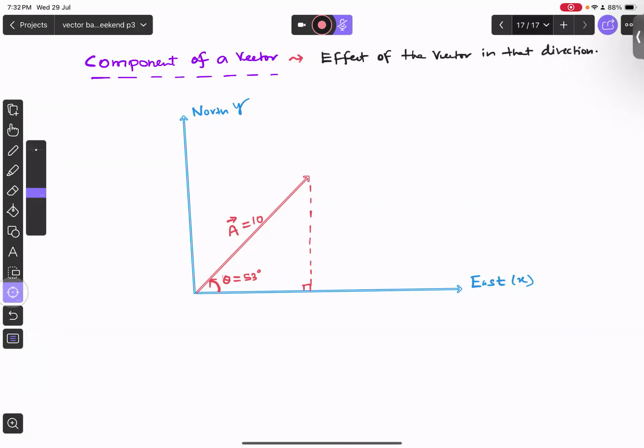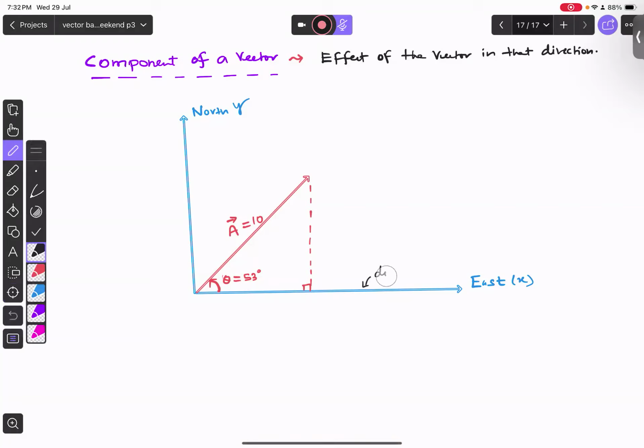So due to this vector A, how much we have traveled along east will be the component of A along east.